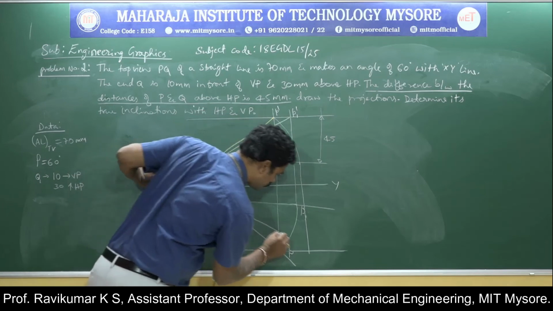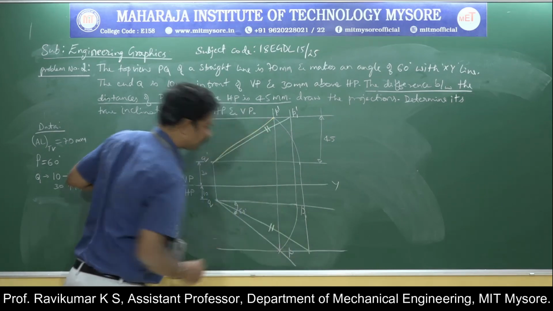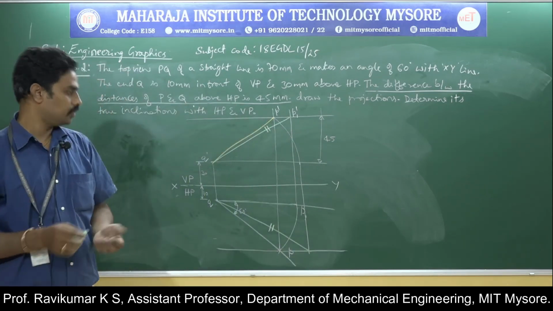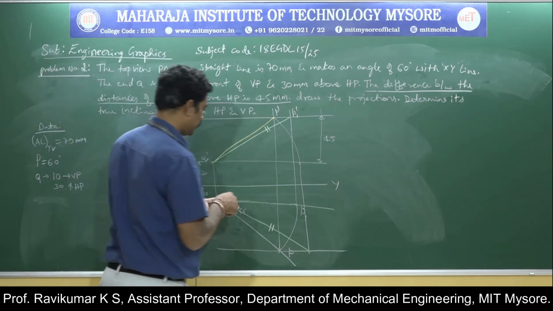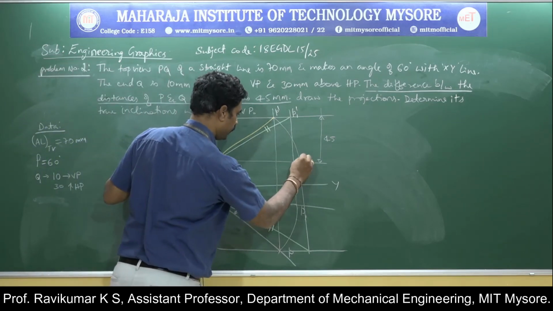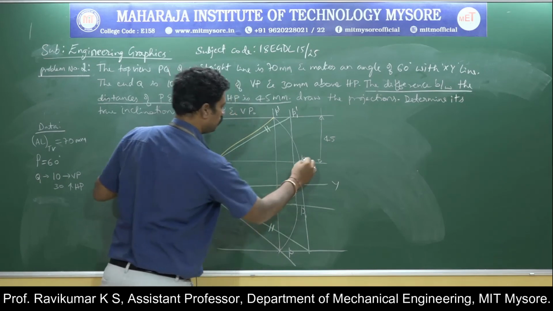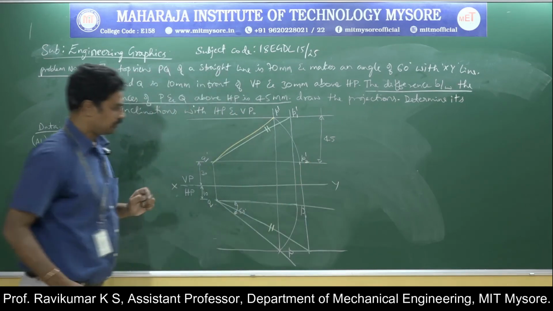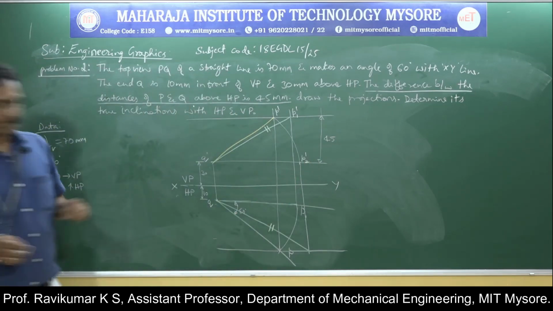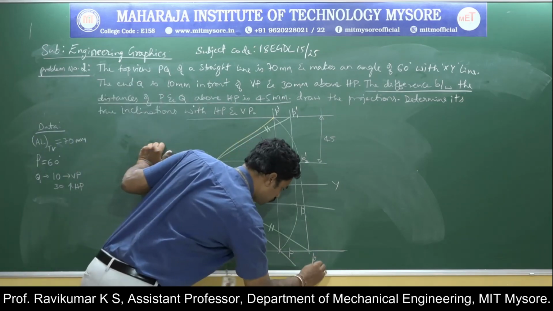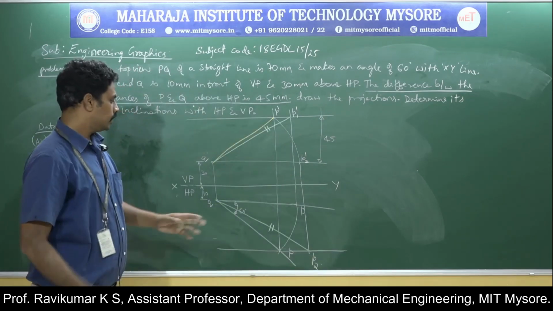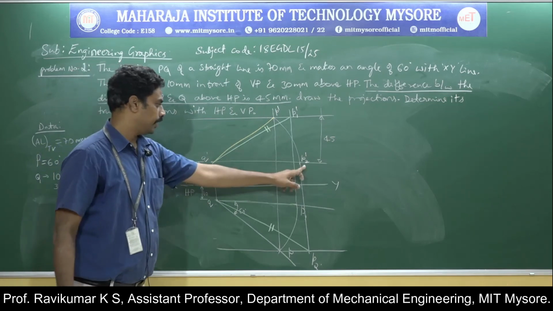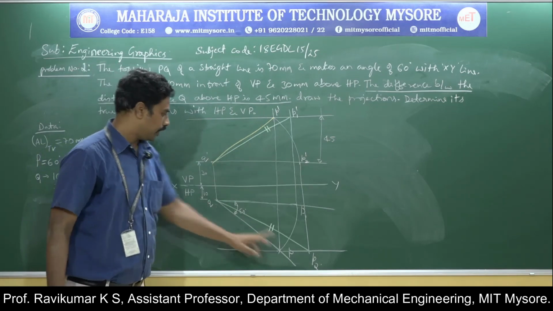So this is the true length of the said line. This is how we need to solve a problem. This point will be P2 dash, and this will be P2.